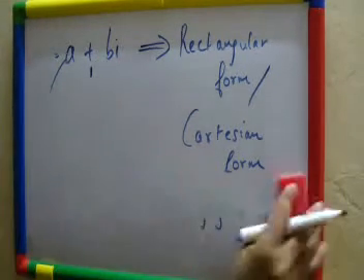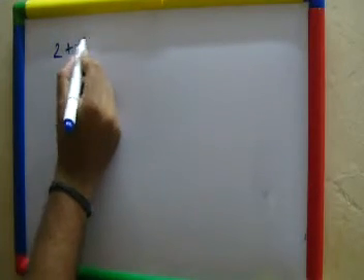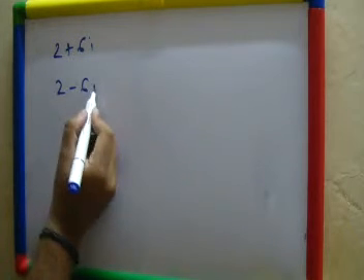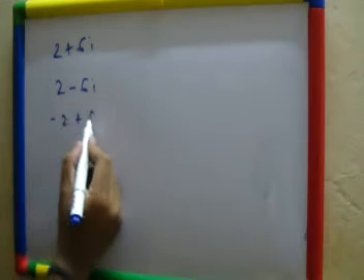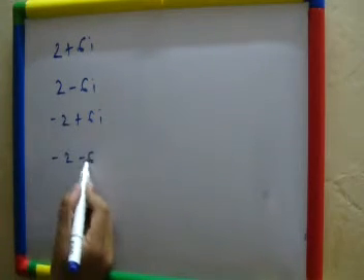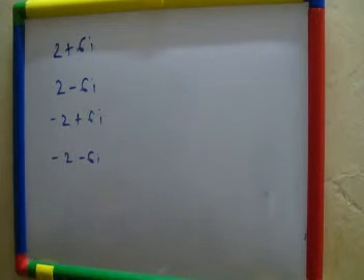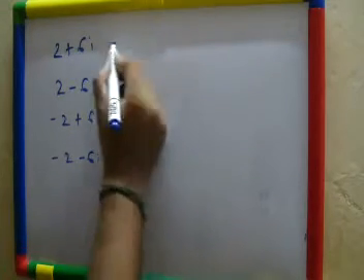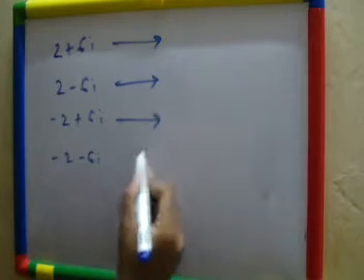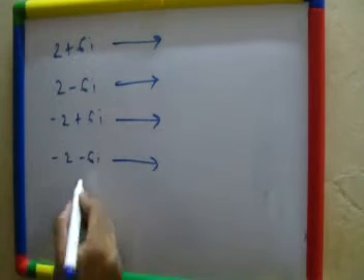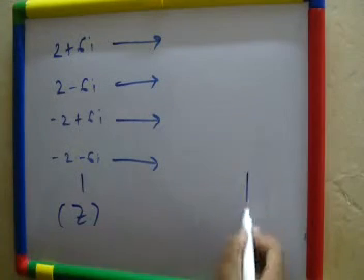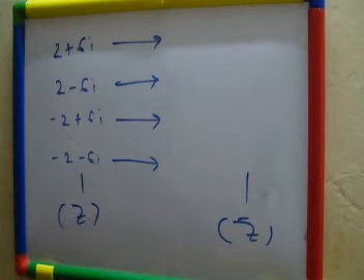Few examples. If these four are the complex numbers, z, z bar.